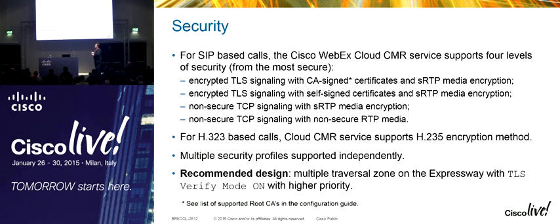So when it comes to SIP, we have four different levels of security we can use, and that CMR will automatically use in a best-effort way. Top of the list, the most secure, of course, is TLS with a public root CA, and this is the only mode that is supported for hybrid, by the way. I always try to link the two services together.